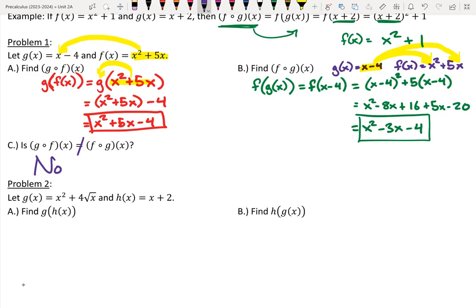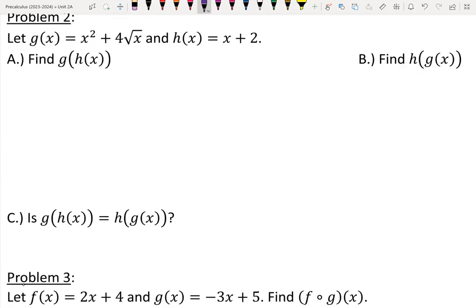They are not equal. All right, I want you to try problem 2, both A, B, and C. You have some examples there. I want you to try out problem 2, please. All right, g of h of x.